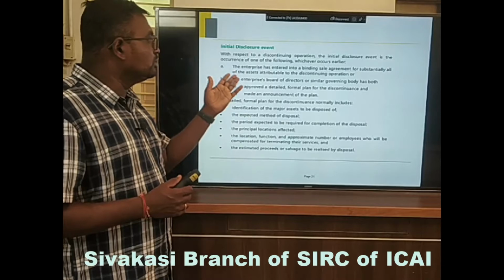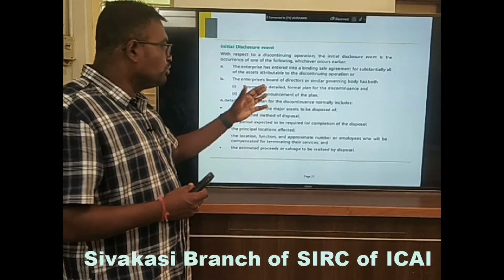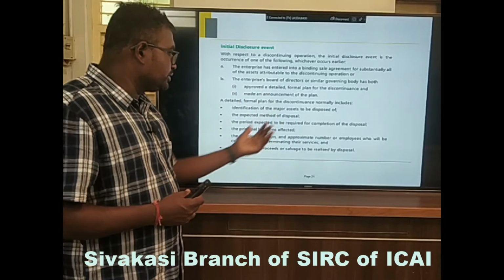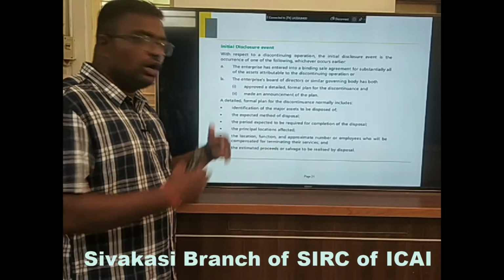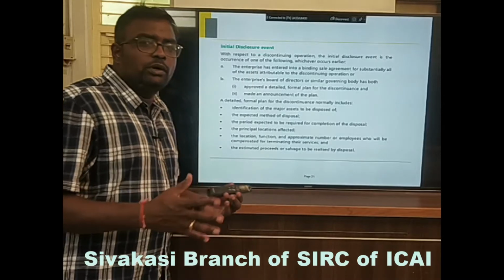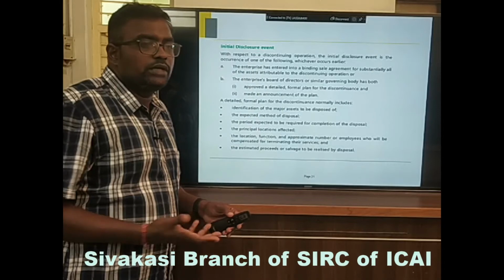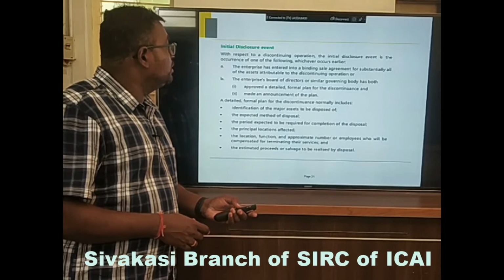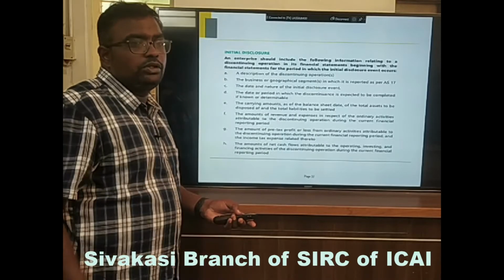Initial disclosure event means the company has entered a binding sale agreement, or the board of directors approved a detailed plan, identified the major assets, the expected method of disposal, and the period expected to be required. All these are already decided by the management, which means the discontinuing operation is already in place. The management is supposed to disclose in its financial statements that there is a decision by the management to discontinue something.